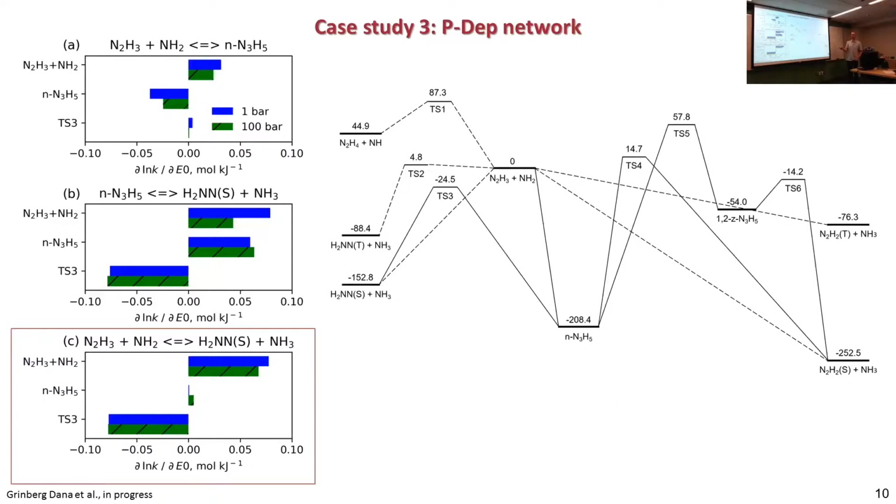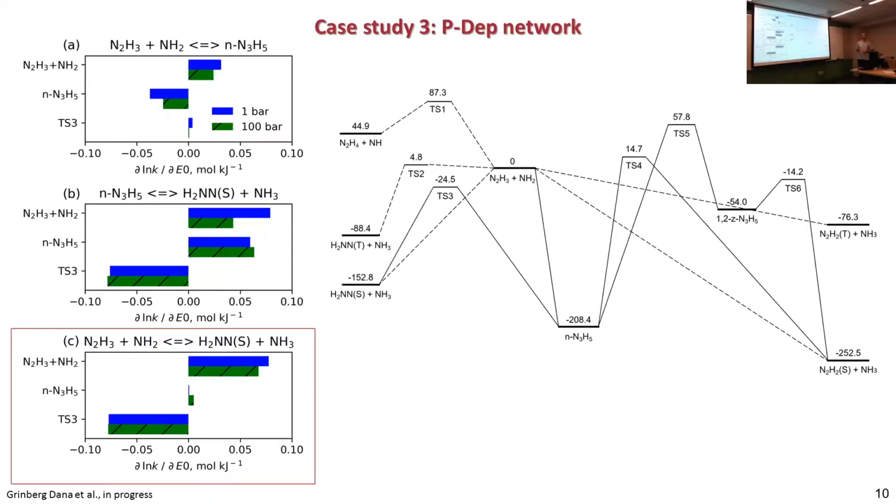If you change the energy of the entry channel, that's how we call it, the first well, if you perturb it and increase it, you get a higher rate because you have a higher gap. If you perturb TS3 and increase its energy, you get a lower rate because you get a smaller gap.